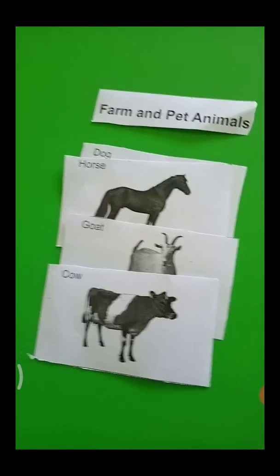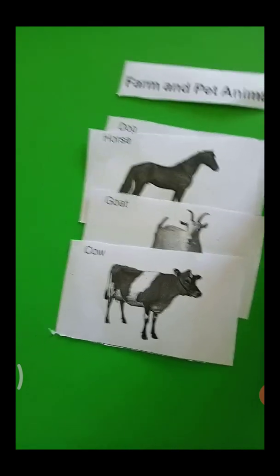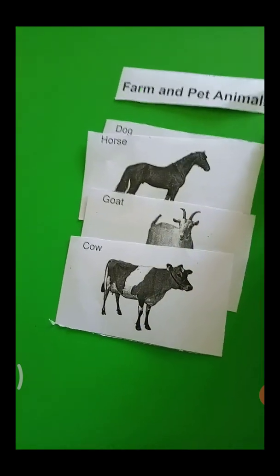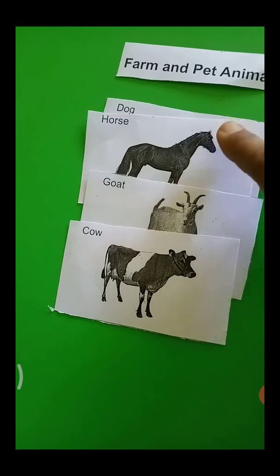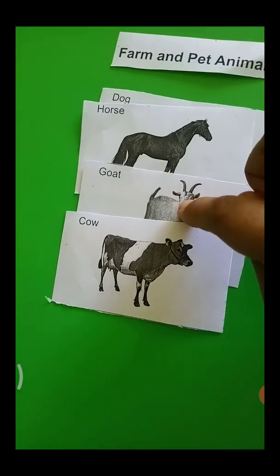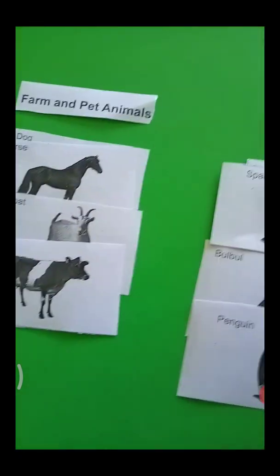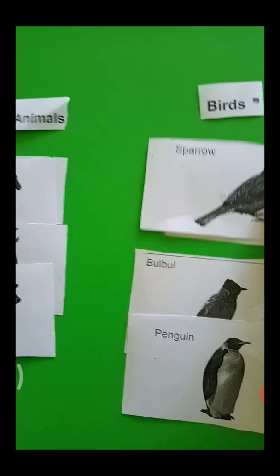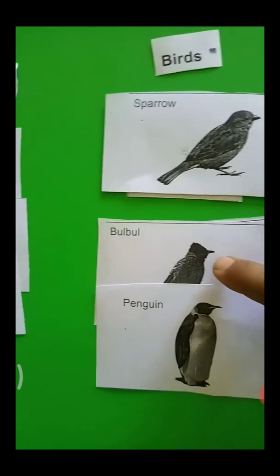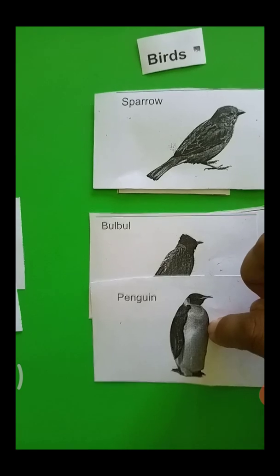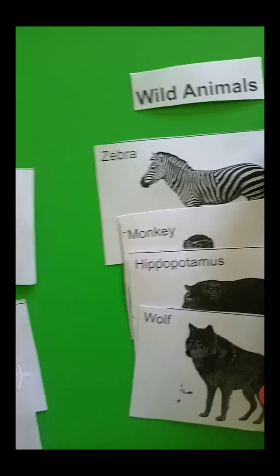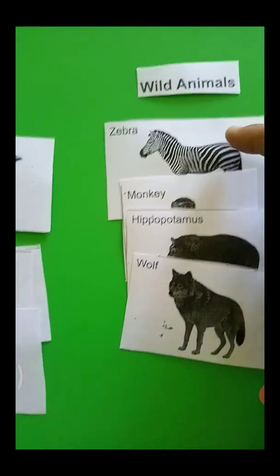Students, see. Here I place farm and pet animals. Dog, horse, goat, cow. Here I place birds. Sparrow, bulbul, pigeon. Here I placed wild animals.